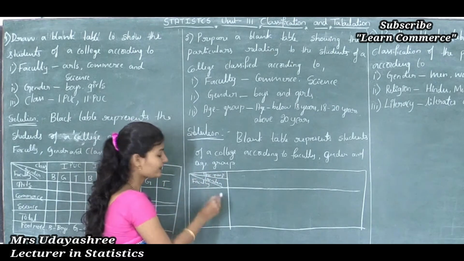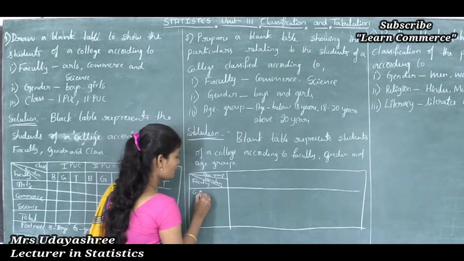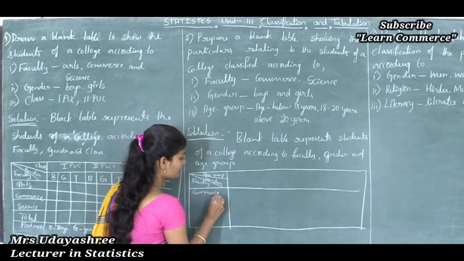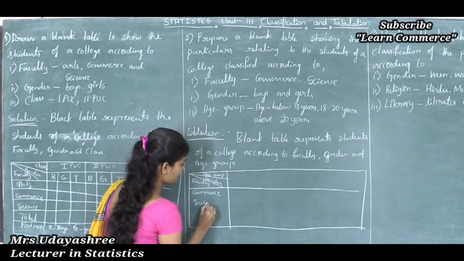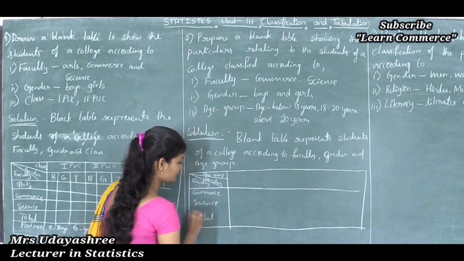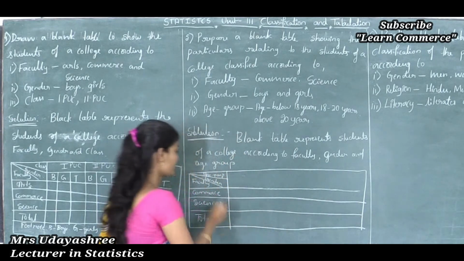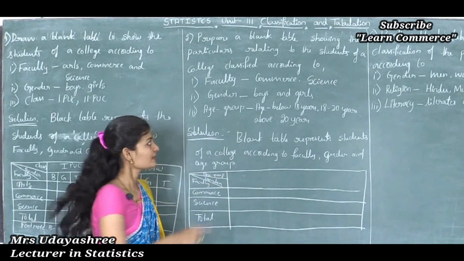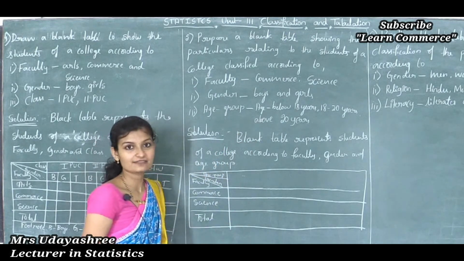See, under faculty I will write the faculties given here, that is commerce, and one more, that is science. The last column is total. Like this. Okay, next, in front of age groups, I will write the given classified characteristics.